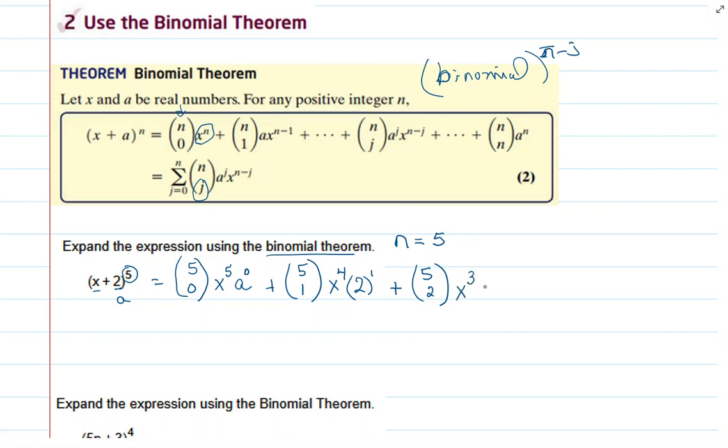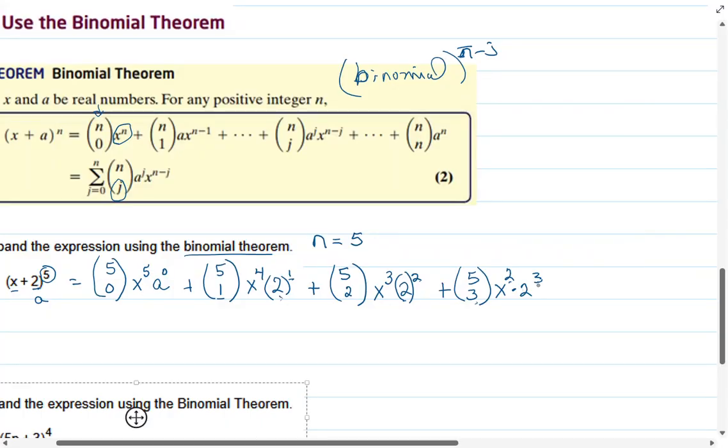X to the 3, 2 to the 2. Notice that this is here for the 2. The first one was 0, the first one was for the x, and the next one is for the value. Then we have 5 over 3, and then x to the 2, 2 to the 3. These two add up to 5. Everything adds up to 5. Does everybody see that? Okay, all right.